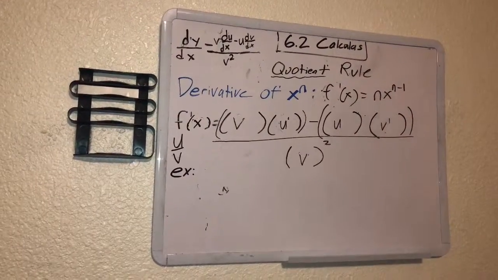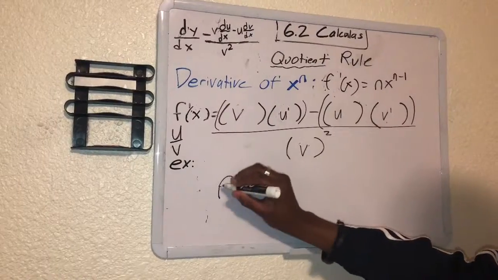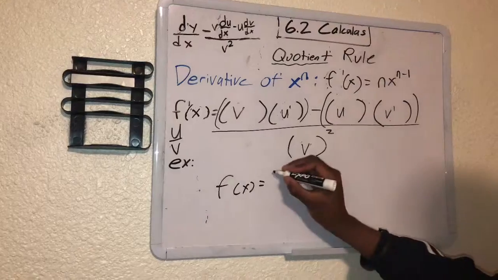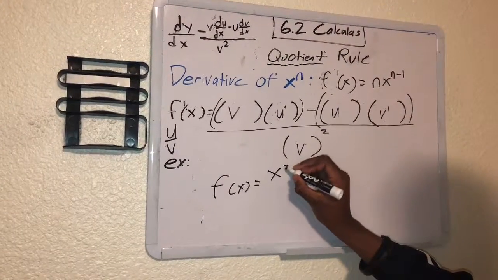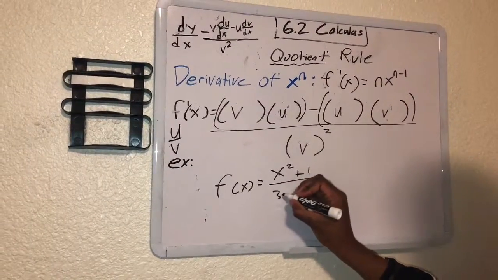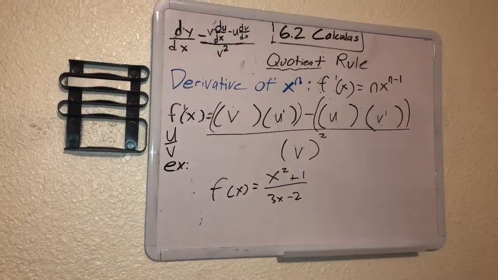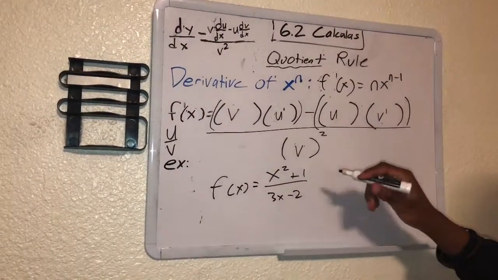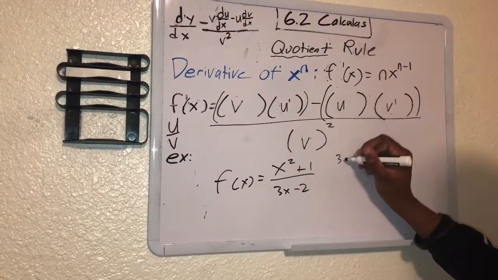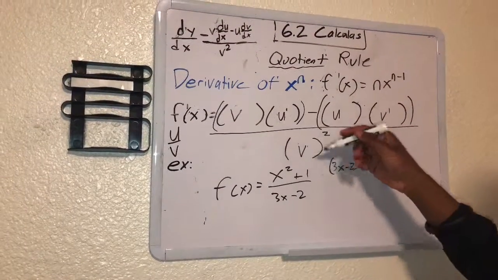Okay. Then for an example, you can take a look at this. f of x is equal to x squared plus 1 over 3x minus 2. Okay, so first we'll take the denominator. In the formula we have 3x minus 2. And then we multiply that by the derivative of the numerator.